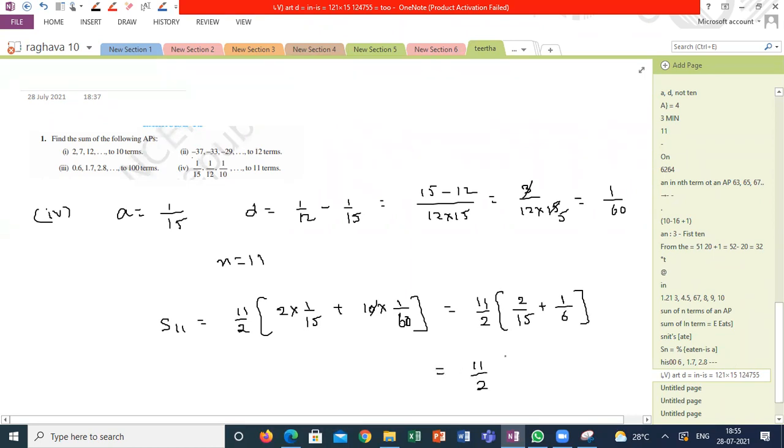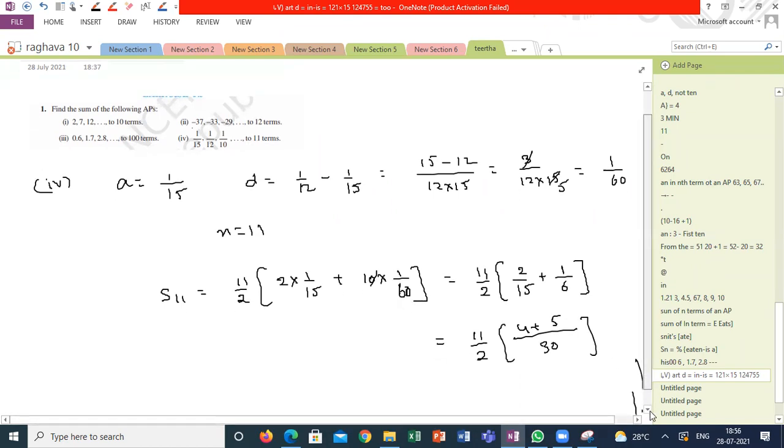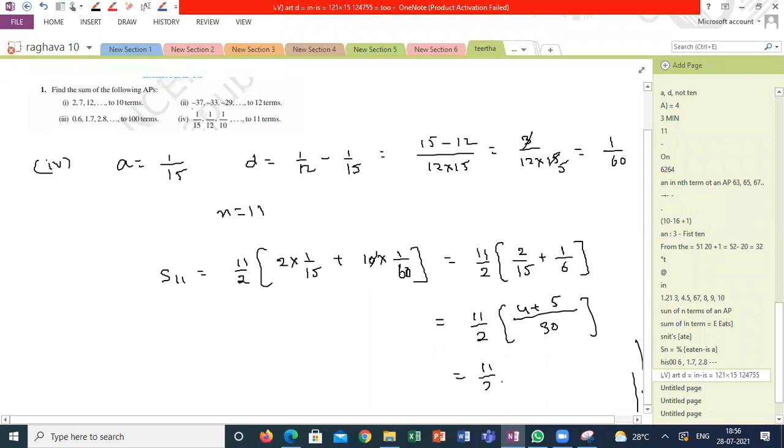So 11 by 2, what is the summation here? The LCM is how much? 30. 4 plus 5. Is it clear, guys? What I am writing? Anywhere we are making a mistake. 9 by 30. No, it should not come like this. 4 by 30 plus 5 by 30.